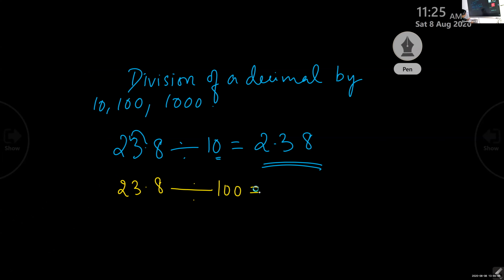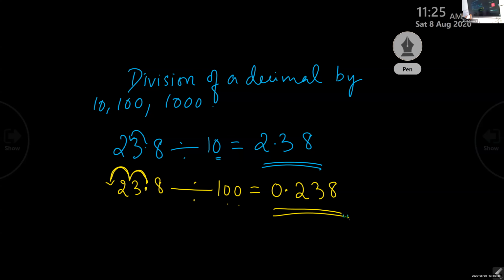So what will be the answer? 0.238. So 1, 2. Isn't it? 0.238. Is it a confusion? No need, I have simply put a 0. Just think like this: the point will shift 1, 2. Clear? Yes, ma'am. Now this is the answer.